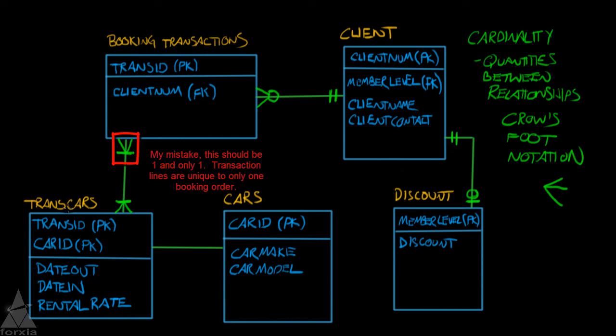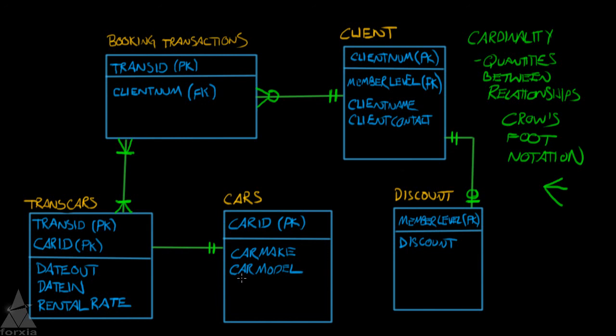Looking at transcars, how many cars do we have on a transcar line? Can we have 0? Well, no, we need to have a car in order to have a transcar line. So that's going to be one and only one. What about cars? Looking at the transcar line, can we have one car? Well, sure, we can have one car.